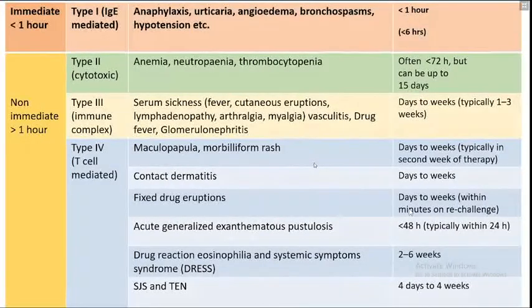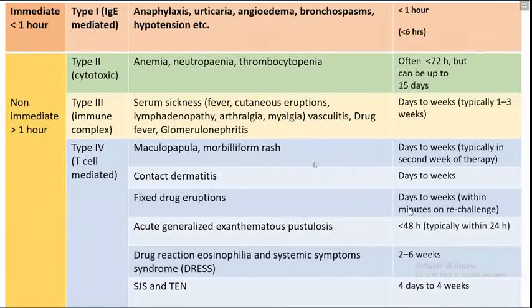Right, so this table shows all the types of reactions that could happen with an antibiotic. I think that Danushka has already mentioned all these types of reactions. So you can classify the reactions into two groups: immediate reactions, those that occur within 1 hour of starting a drug, or non-immediate reactions after so many hours, days or weeks.